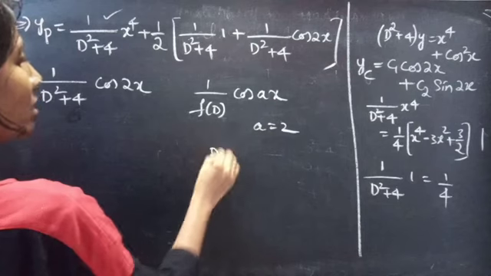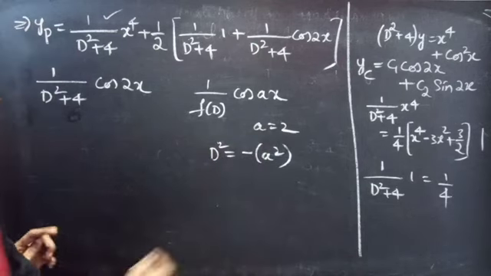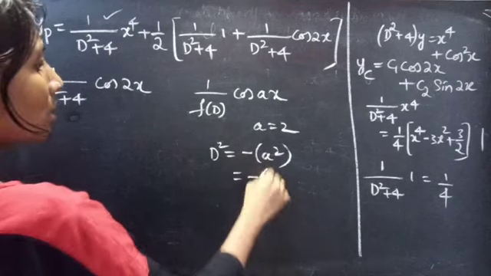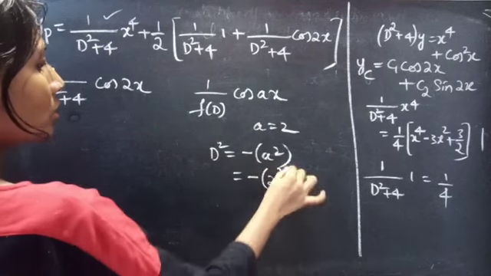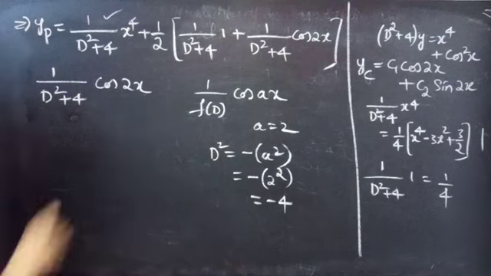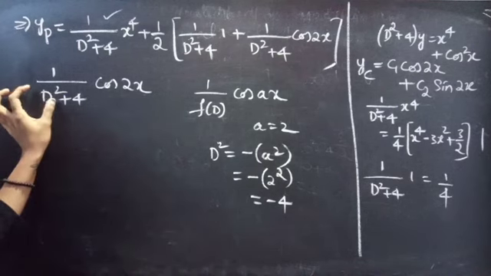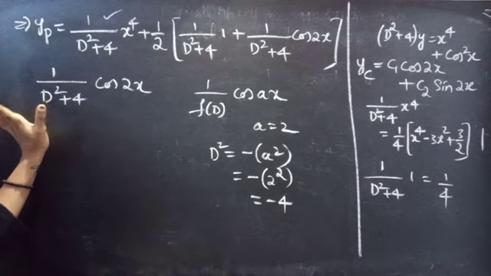Now let's find D square, which is given by the formula minus a square, which is equal to minus, for a equals 2, minus 2 square is 4, right? Now let's see what happens if we replace D square by minus 4 in the denominator.